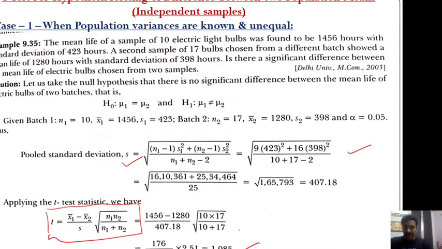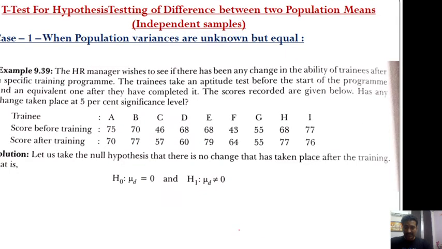When I send you the PPTs, I will make changes, don't worry about that. But in the video I cannot make those changes, so forgive me please. This is case 3, when population variances are unknown but equal.